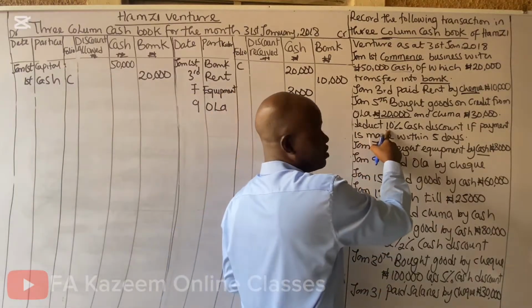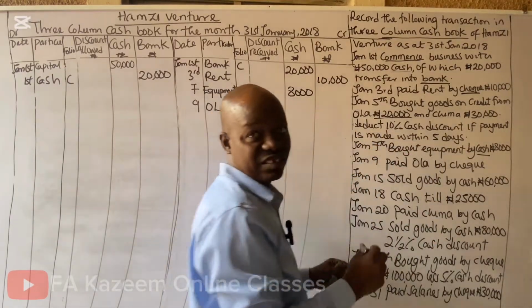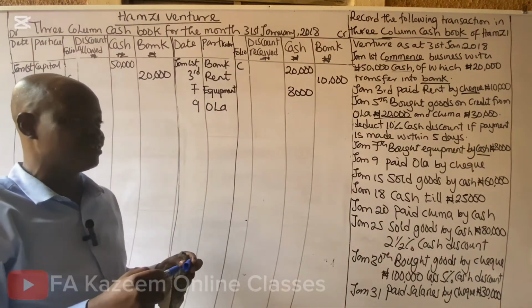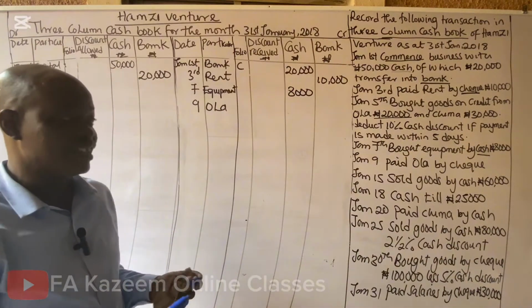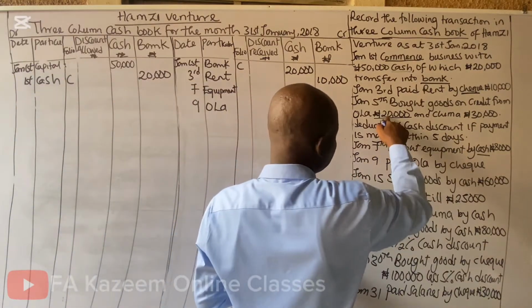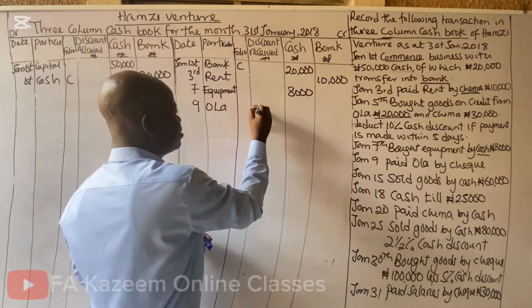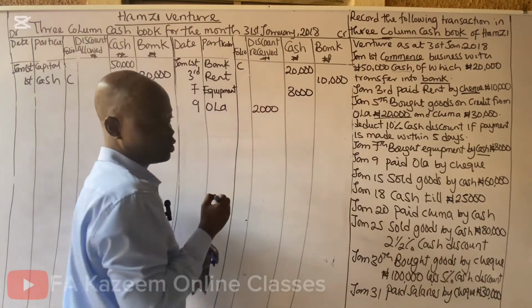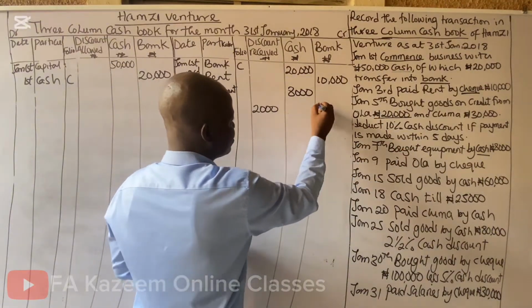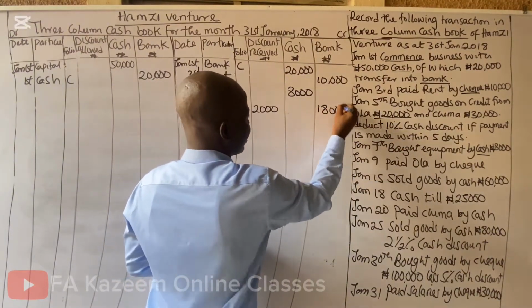But there's a condition that if payment is made within 5 days, AMZI Venture will enjoy a discount. We receive a discount of 10%. Now, payment has been made to Ola within 5 days. There's a 10% discount. We now say 10% of 20,000, that is 2,000. 20,000 minus 2,000 by check, that is 18,000.